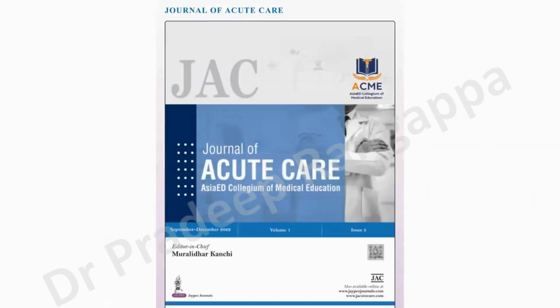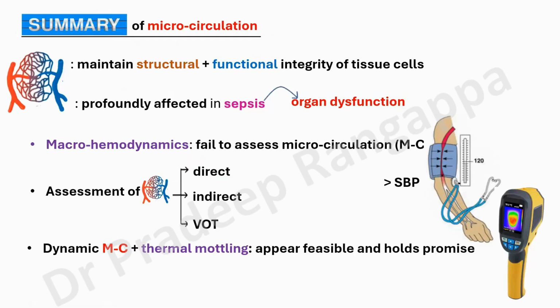So that's about it, folks. Microcirculation is a concept that we all need to be aware of, and the tools that we should possibly be looking forward to are this vascular occlusive technique, which tends to assess the tissue oxygen saturation, and this thermal modeling. I think they appear very promising in days to come.